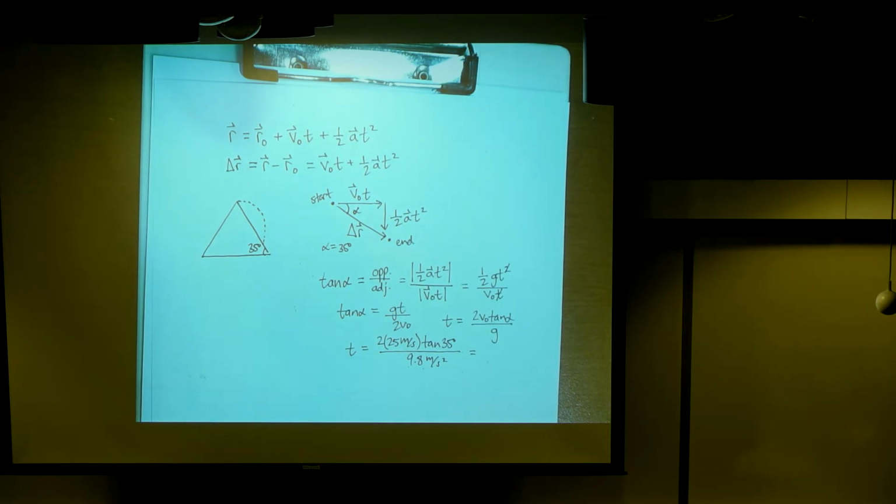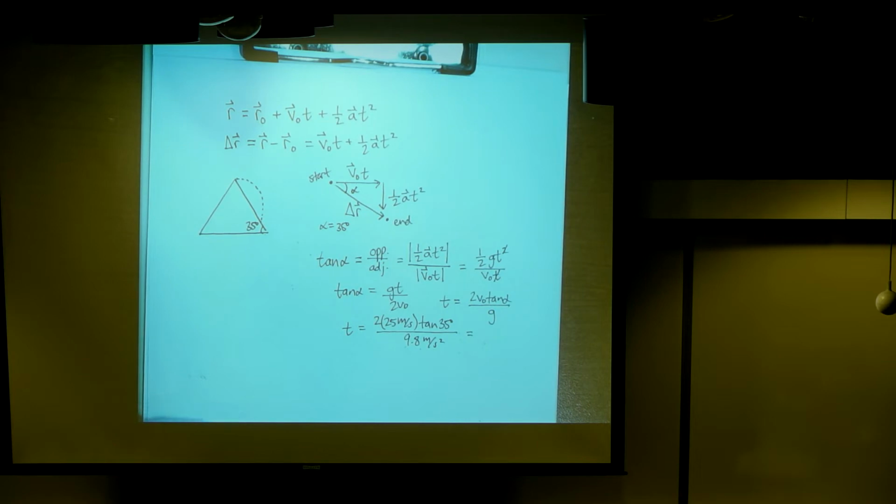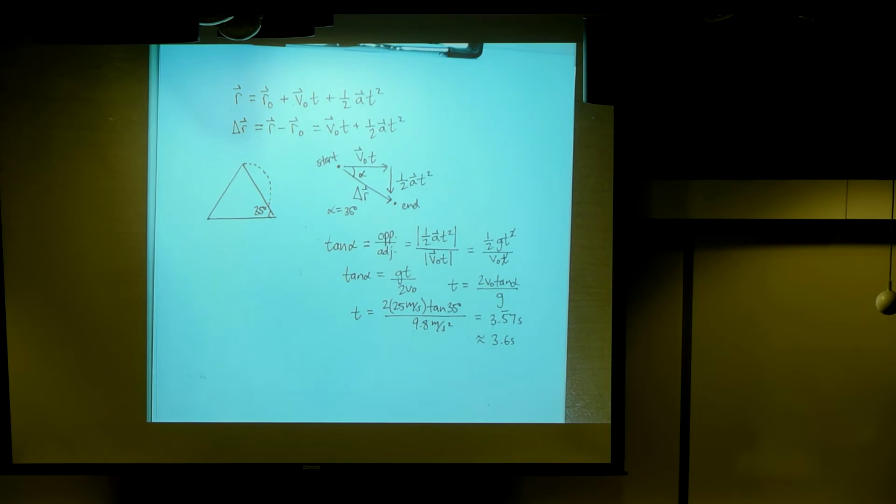Can someone crunch those numbers for me? Yeah, so it takes 3.57 seconds until we land on the slope, or about 3.6 seconds to the proper number of sig figs, okay?